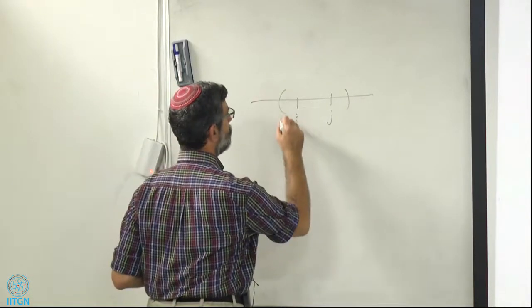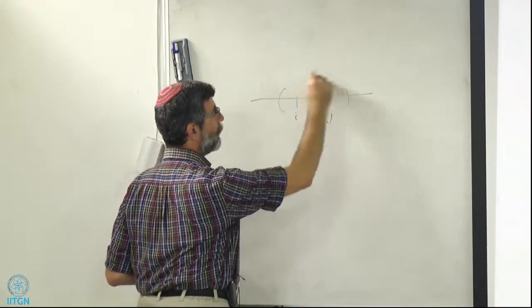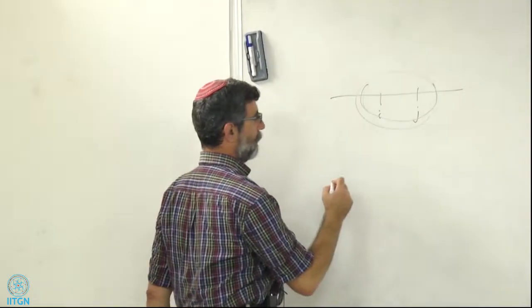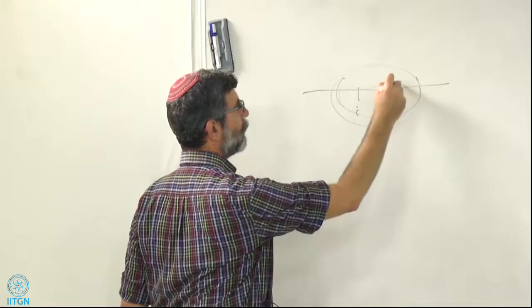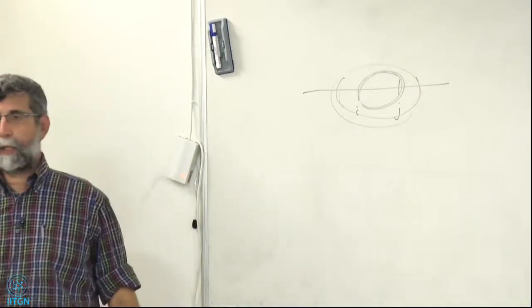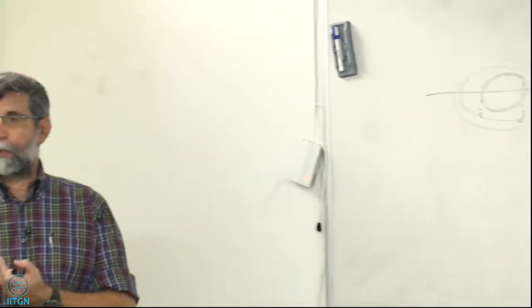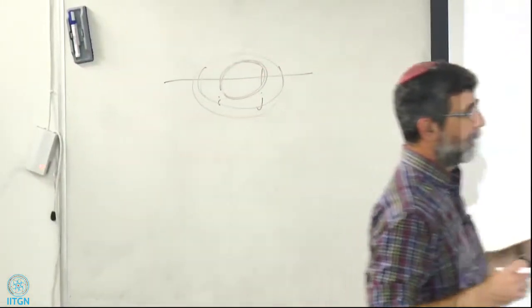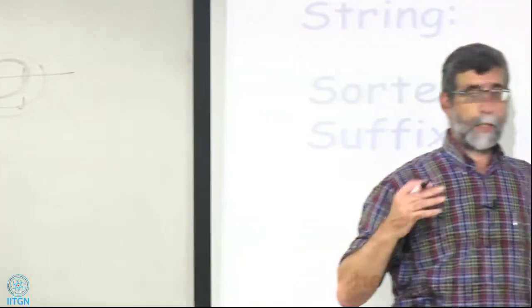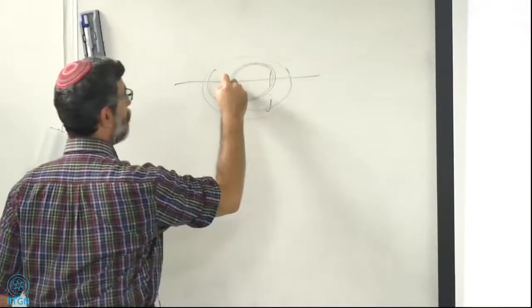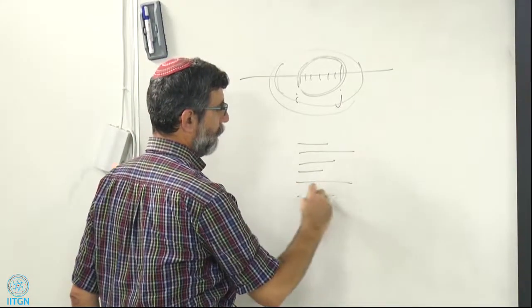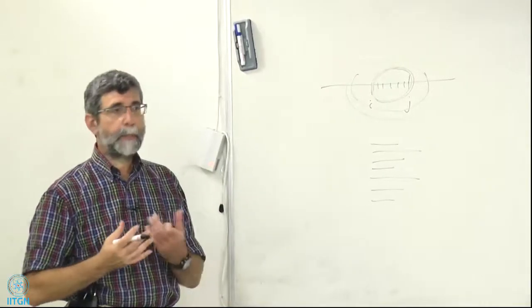Okay, if we had all the LCPs in this range, and we knew which suffix appears closer to which, sorry, if we look at all these suffixes between i and j, let's take all of these suffixes and sort them lexicographically, to find the LCPs between these suffixes, right?